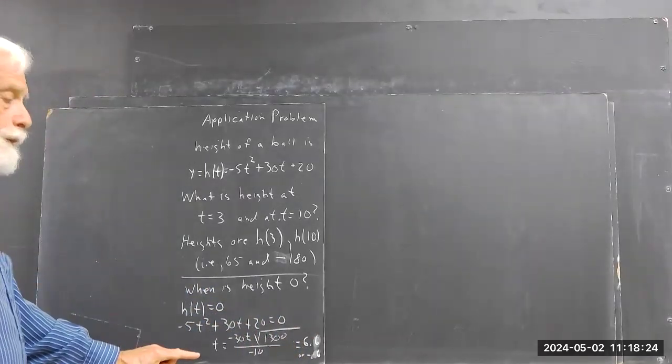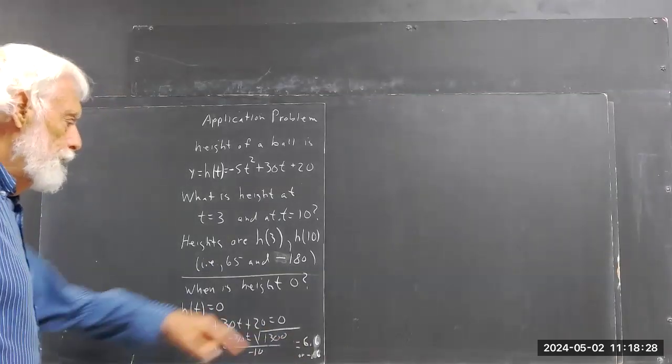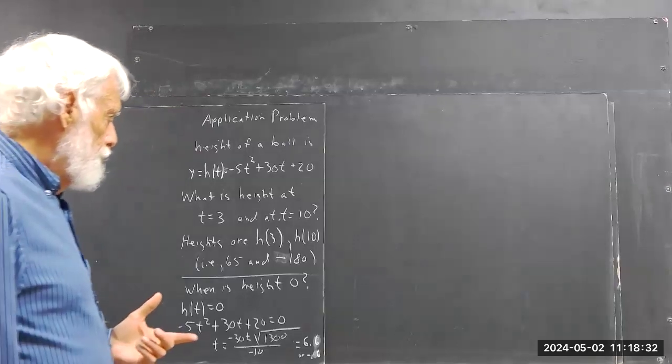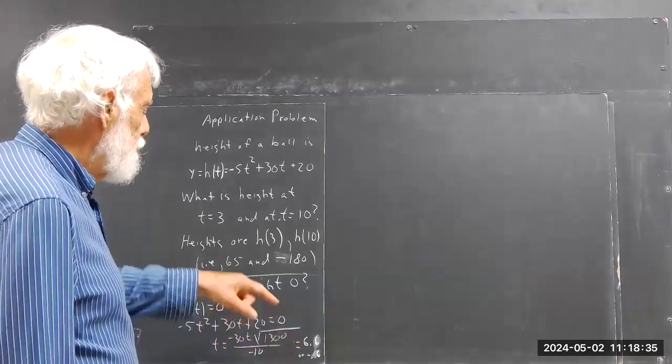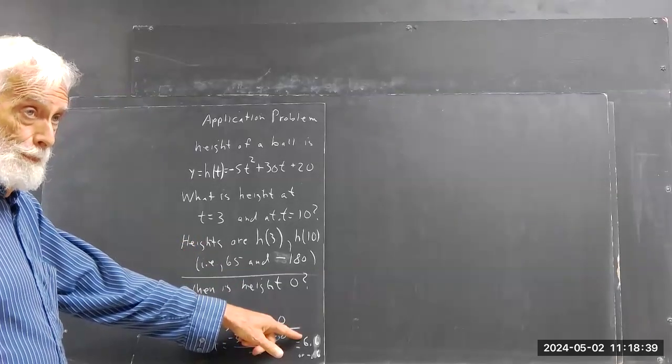Okay. So anyhow, you write the equation, you write out the solution, and you get two solutions. Now the only solution you're interested in is the one that's greater than 0, which is 6.6.